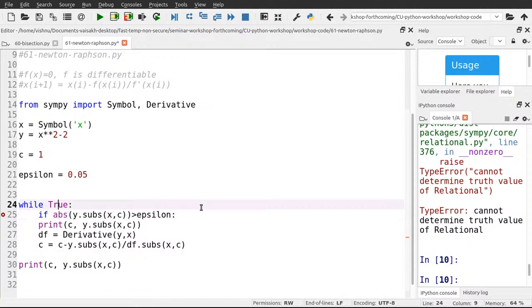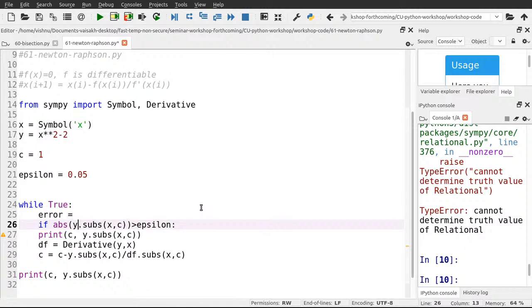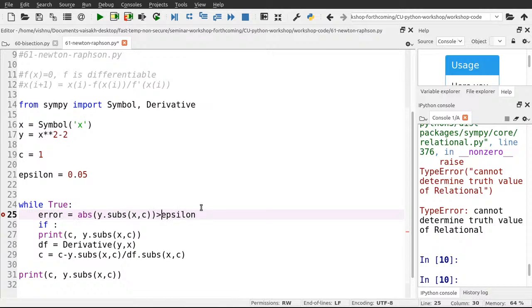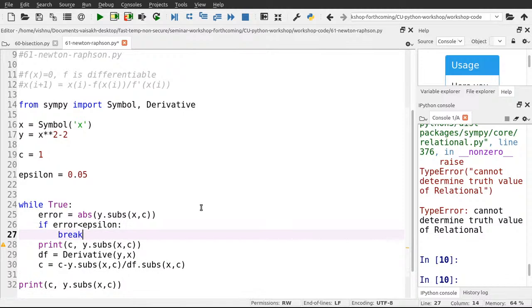If the problem is in the comparison, I'm just trying to see what exactly is happening here.